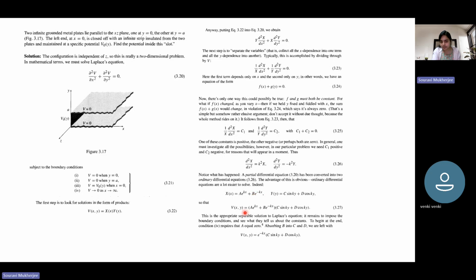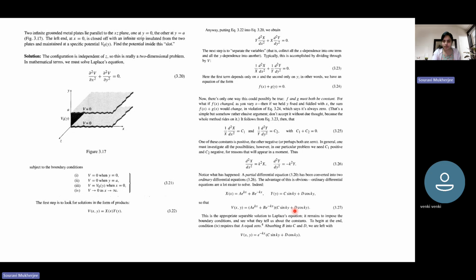So what it means now is that you get an expression which is only a function of x, and then you have something which is only a function of y. So now v of xy based on this relation will have a general form like this. Okay. So what we have to do next is apply these boundary conditions to this general form.